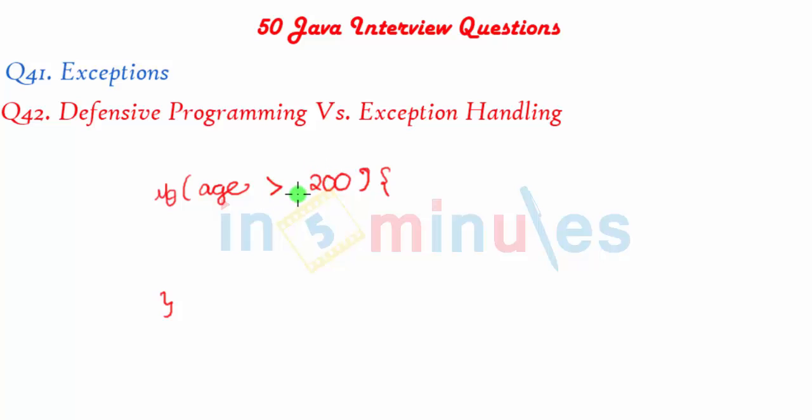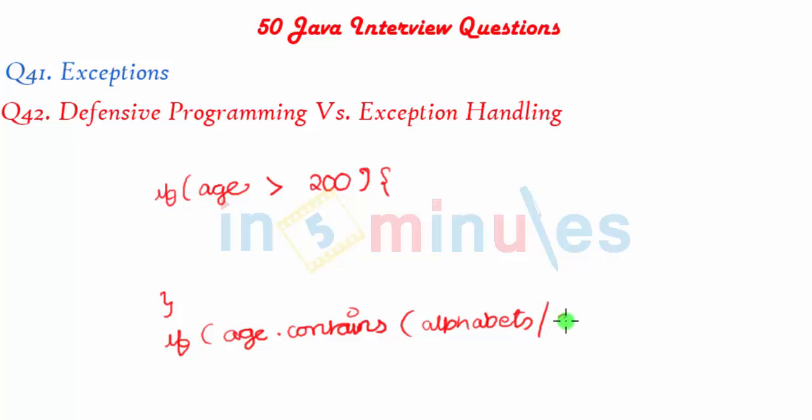So that is case one. We can also have a case where if age dot contains, let's say, alphabets or special characters.